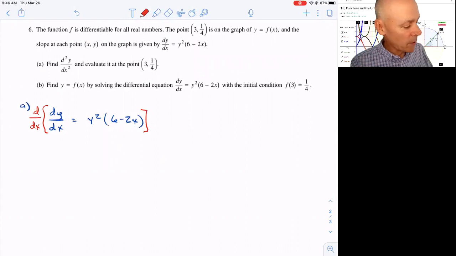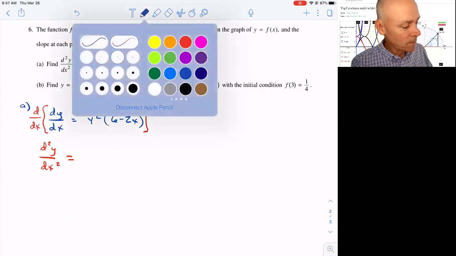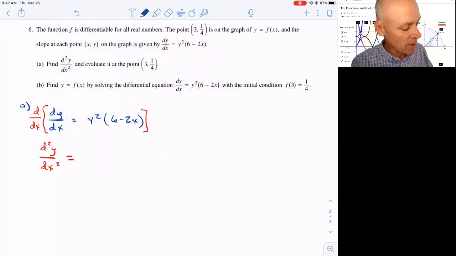On the left side, we get the notation for the second derivative. Now to find the derivative of the right side of the equation, we're going to have to use the product rule. So I'm going to break out my u's and v's. I'm going to call y squared u, and I'm going to call the quantity 6 minus 2x v. I'm just going to put u prime over here.